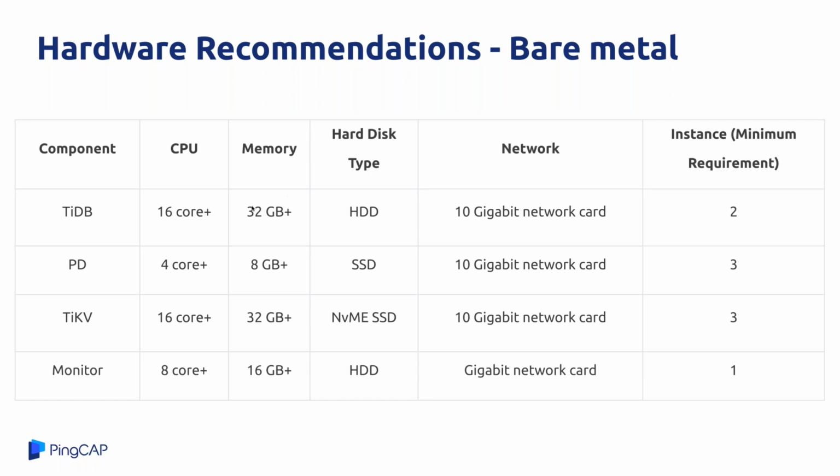The memory at least 32 gigabytes, because if you have some complex query, it will use a lot of memory. TiDB does not require SSD because it will not persist data locally, so use any hard disk you want. HDD is okay. And the network, at least 10 gigabit.